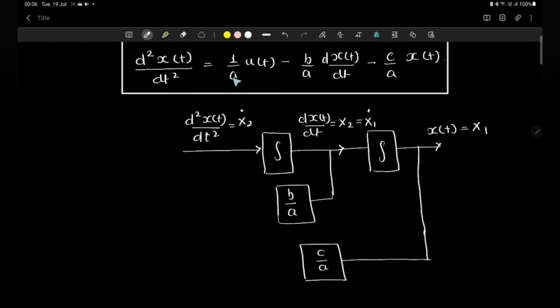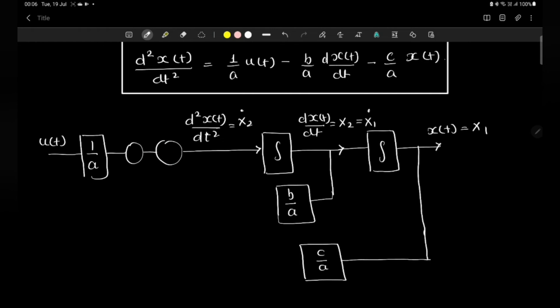So we have 1 by a u of t, and this is the negative one, right?